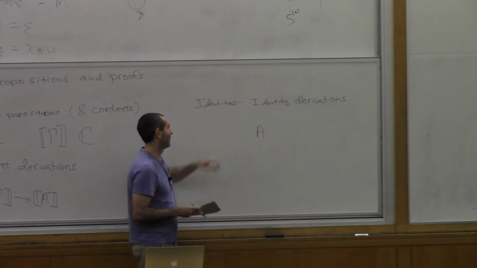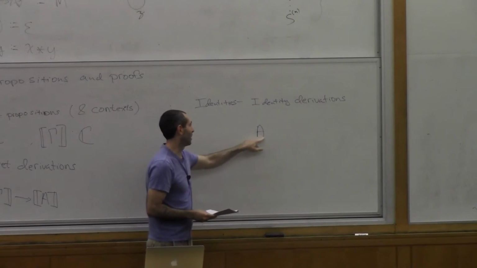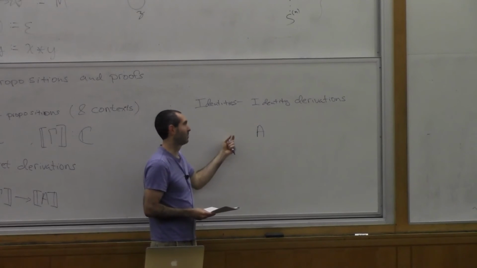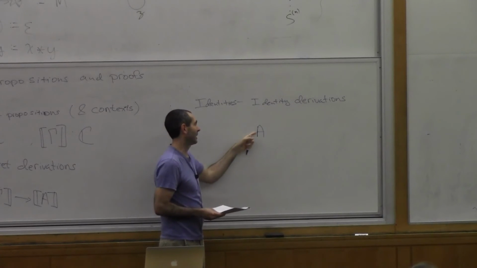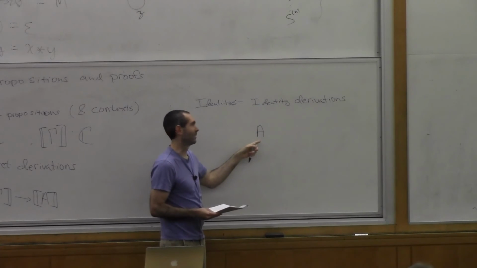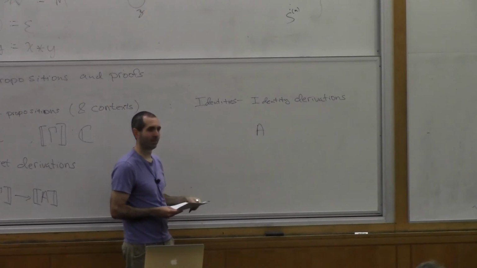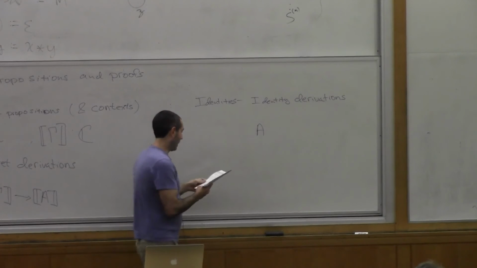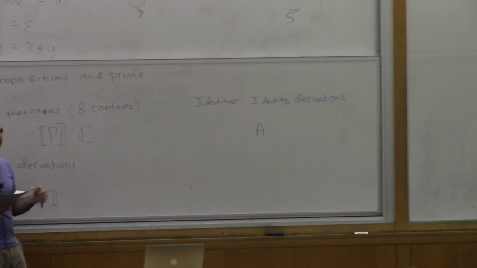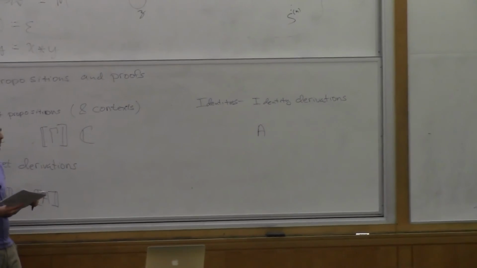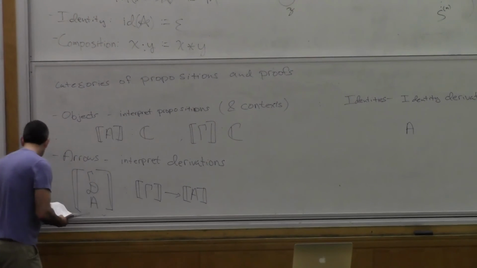Now I have a trivial derivation whose conclusion is the proposition A, and whose set of assumptions, propositional context as I call it, is the singleton set containing exactly the proposition A. So you can think of this as some kind of derivation of A from itself. And then finally, compositions I won't talk about yet because we don't have enough machinery to talk about how to compose derivations and interpret those.